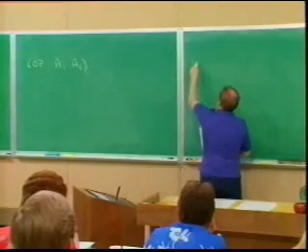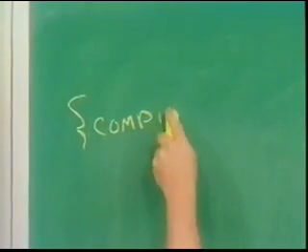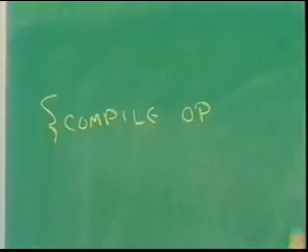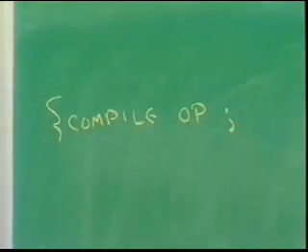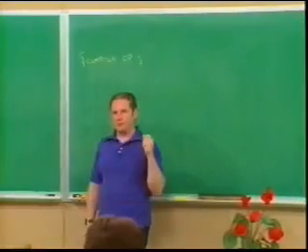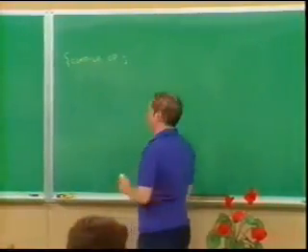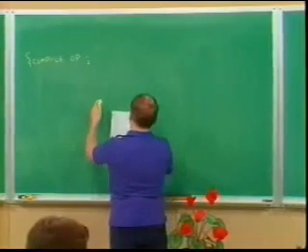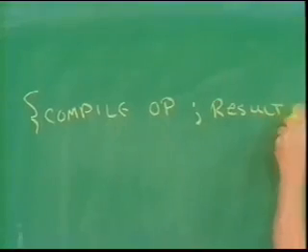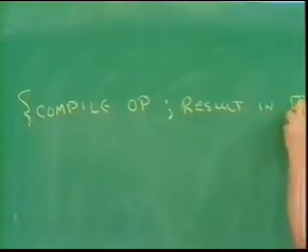So it says, I'll compile the operator, and where I'm going to need that is to be in the function register eventually. So I'll compile some instructions that'll compile the operator and end up with the result in the function register.